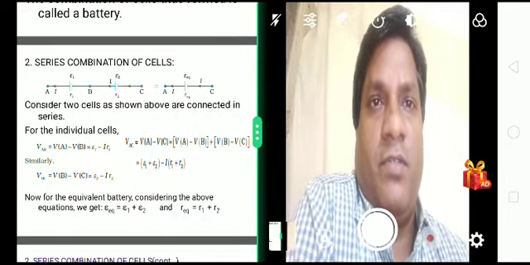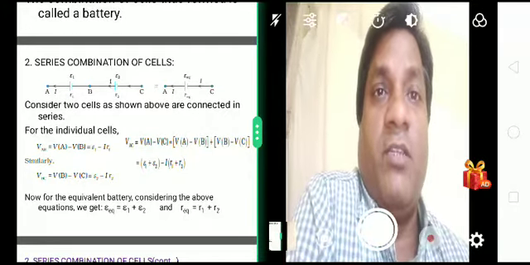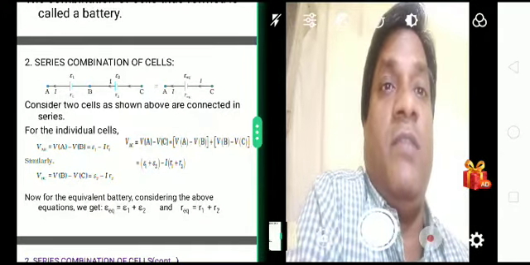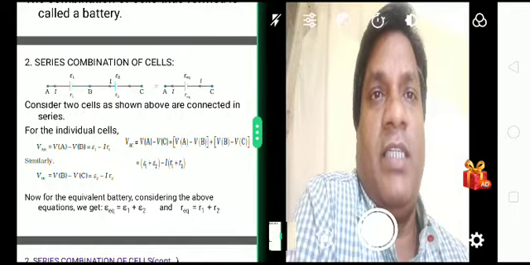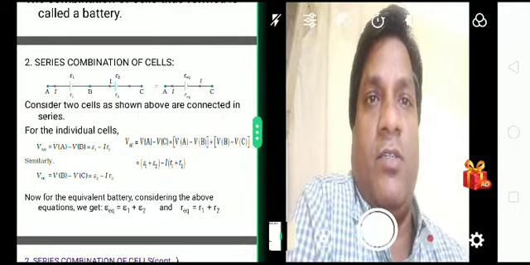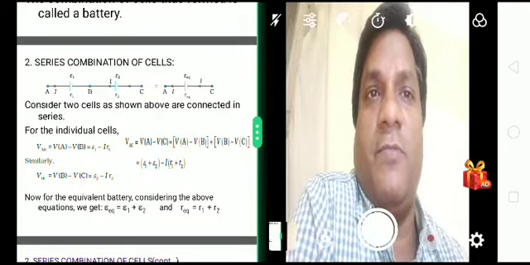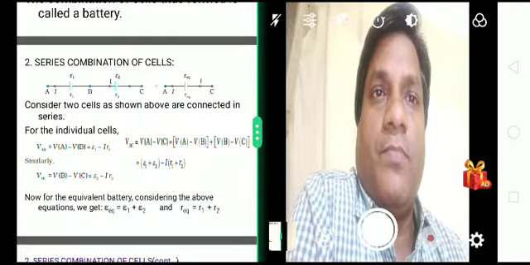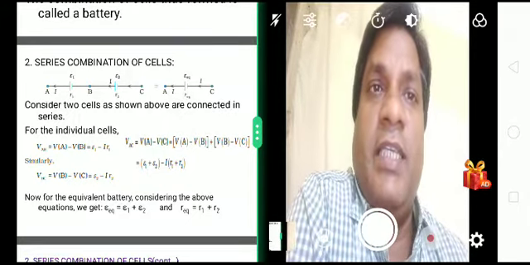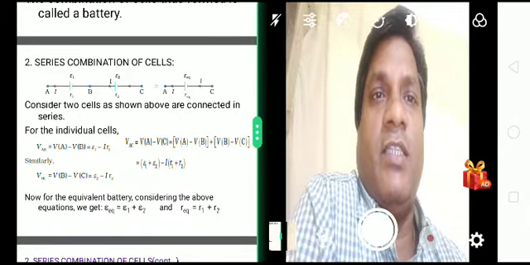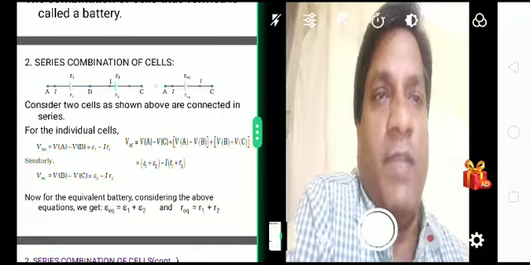Now if the combination of cells is thought to be a single battery, then the battery is indicated on the diagram to the right hand side. The EMF of the battery is represented as E equivalent and internal resistance is represented as R equivalent.